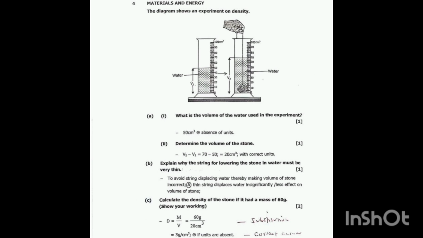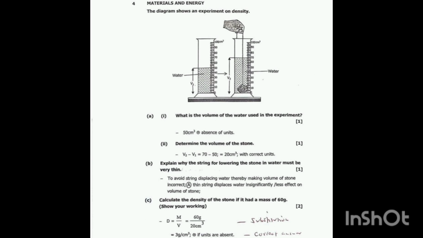Now after putting the solid, the stone, into the cylinder, the water level had to rise from 50 to 70. So there was an increment in terms of the volume, from 50 to 70.